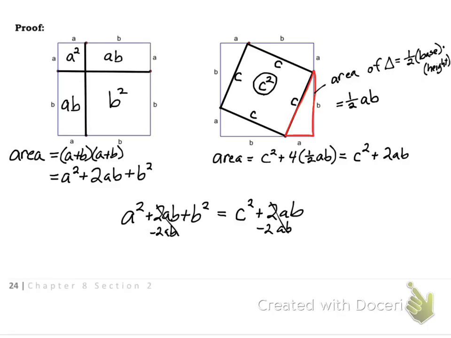That would cancel, that would cancel, and we're left with A squared plus B squared equals C squared. No long two-column proof necessary. It was all basic arithmetic and a little bit of geometry mixed in there. We got A squared plus B squared equals C squared.